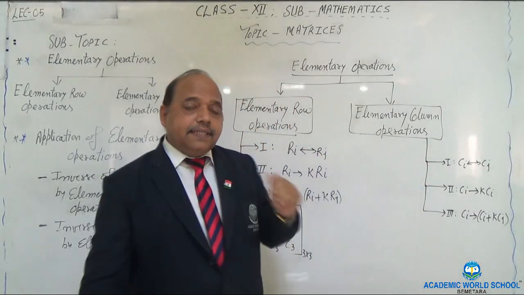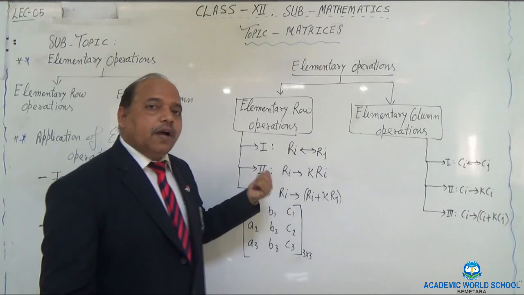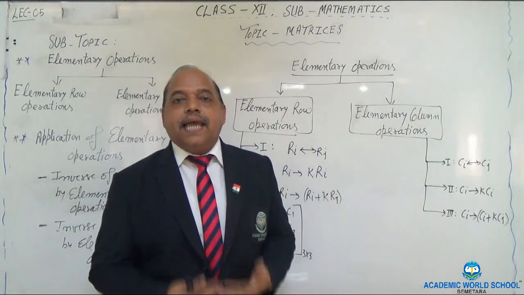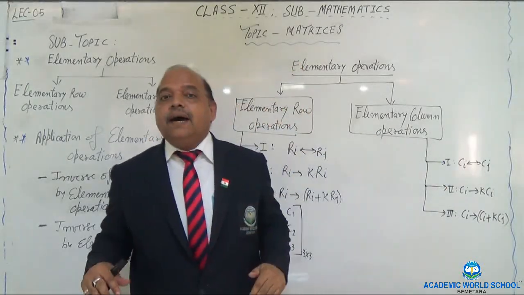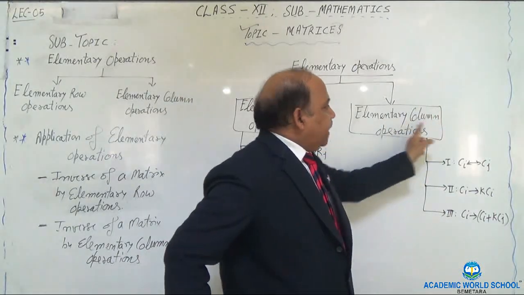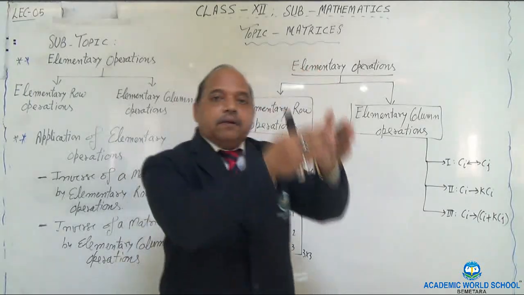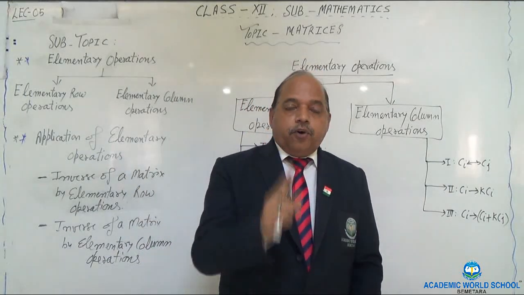What do we call elementary row operations? As the name says, row operations means operations which are applicable only on the rows of a matrix. Similarly, elementary column operations means operations applicable only on columns. And remember one more point.